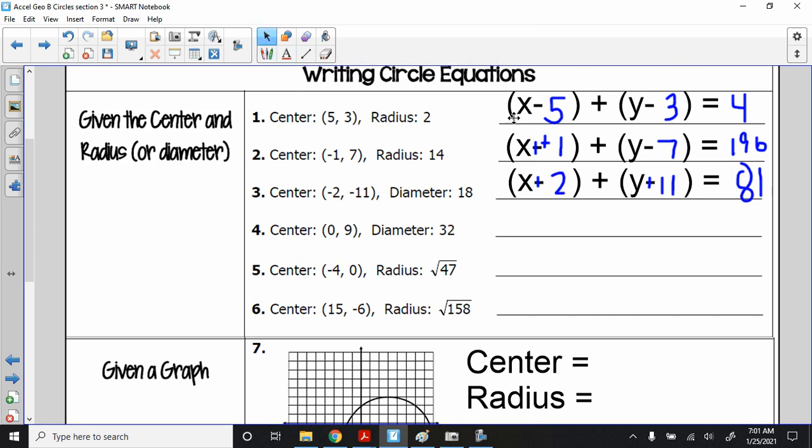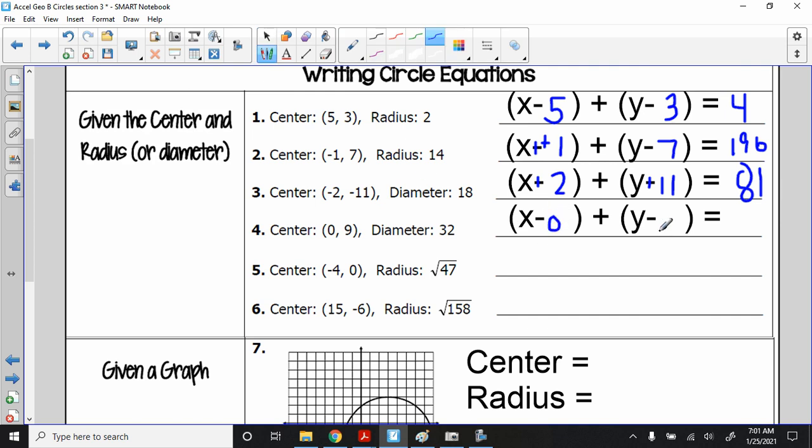All right. So now we'll have x and a 0, a 9. Diameter is 32. Radius is 16. 16 squared is 256.